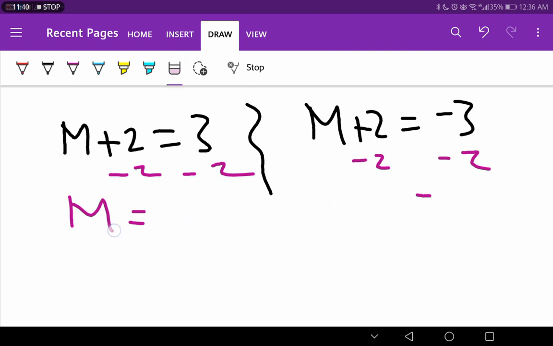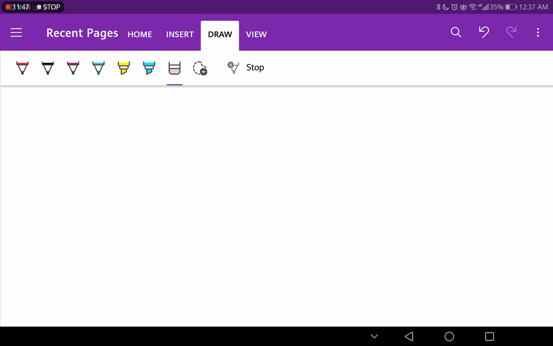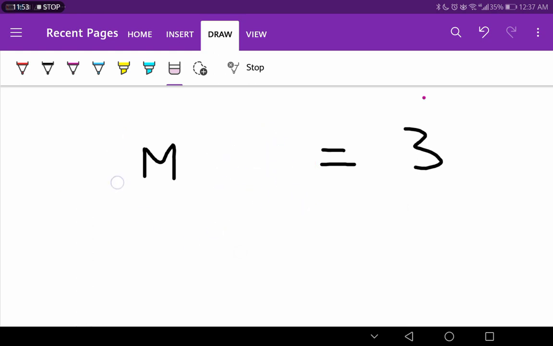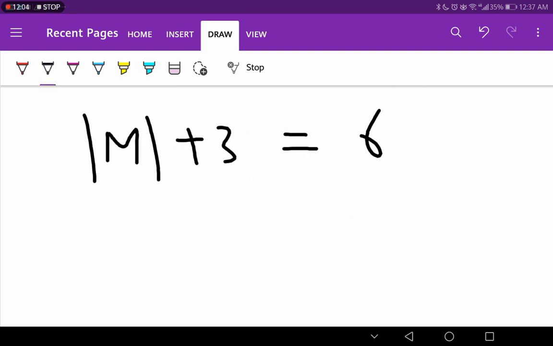Now, let us take one more condition. I know you know everything here, my dear student. Let me change the question here, and I will put something around it now. Suppose this is |m + 2| + 3 equals 6, for example. Now, can I break now? Actually, no, because there is +3 around the bars.